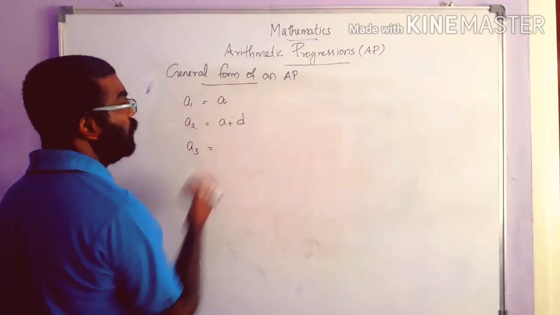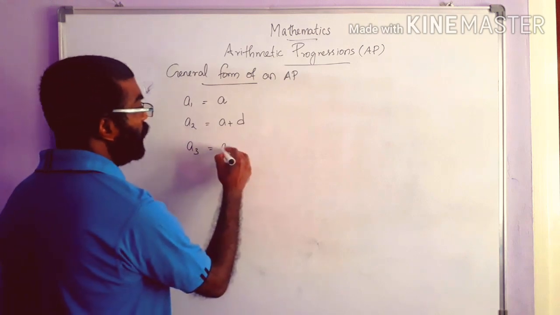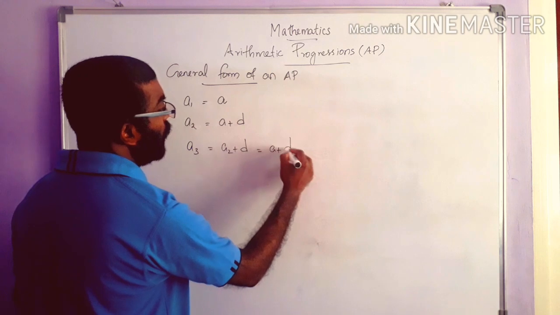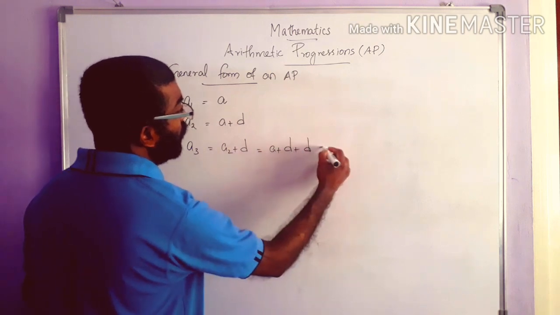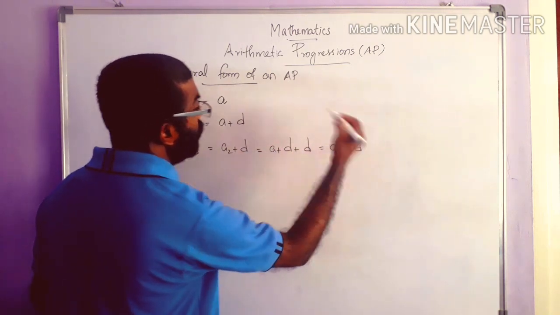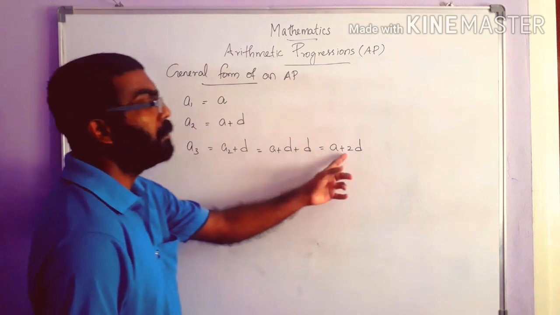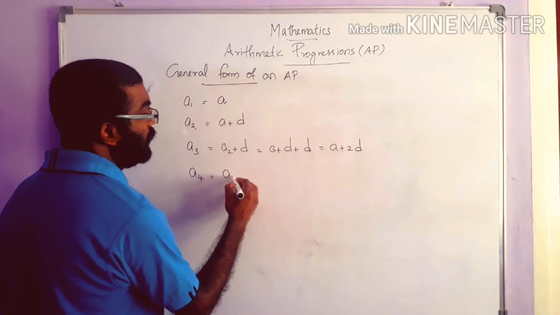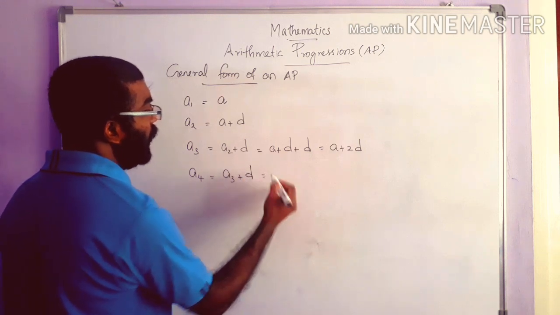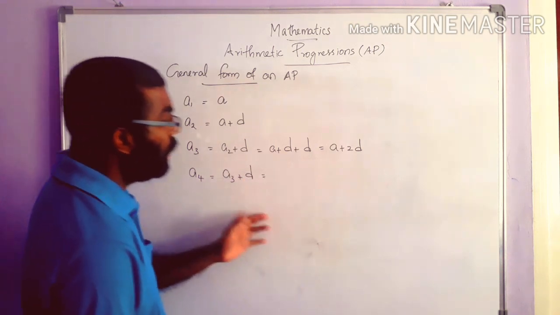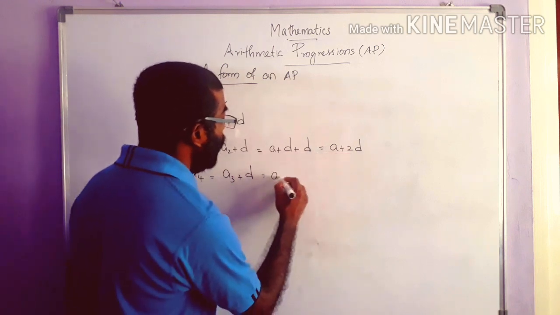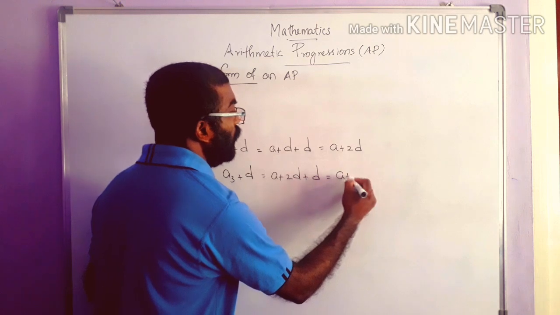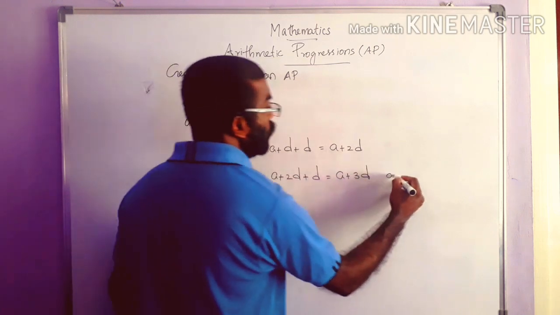And a3 is equal to the second term plus d, that is a2 plus d. Here a2 is a plus d, so a plus d plus d, that is a plus 2d. So the third term is a plus 2d. And the fourth term is the third term plus d, that is a3 plus d, and a3 here is a plus 2d, so a plus 2d plus d, which is equal to a plus 3d, and so on.